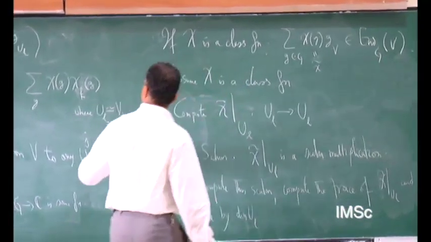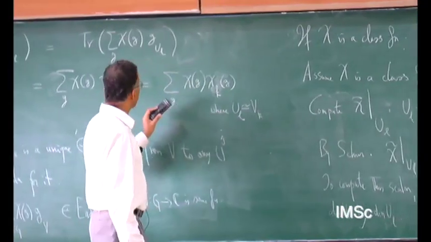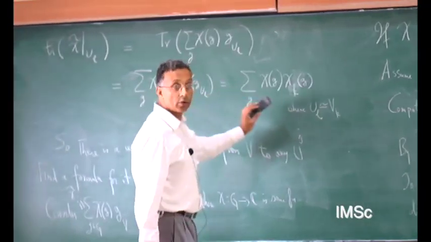It's isomorphic to some V sub K, and I've computed the trace is equal to this much.